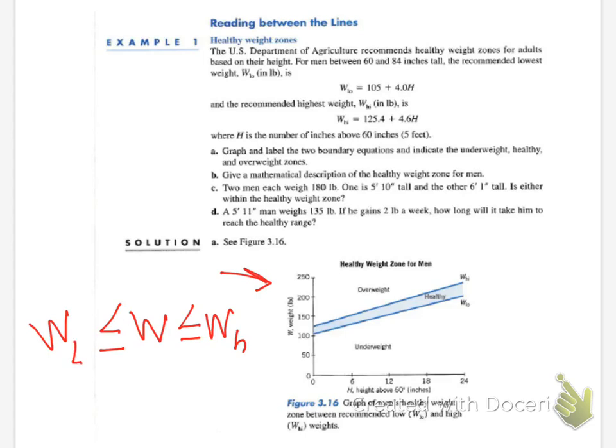So basically the desired weight is in between the high weight and the low weight. It is not a strict inequality because you have a boundary line above and below that are both included in the solution, and therefore you have the equal sign. So it's a compound inequality, and it uses the boundary lines as part of the solution.